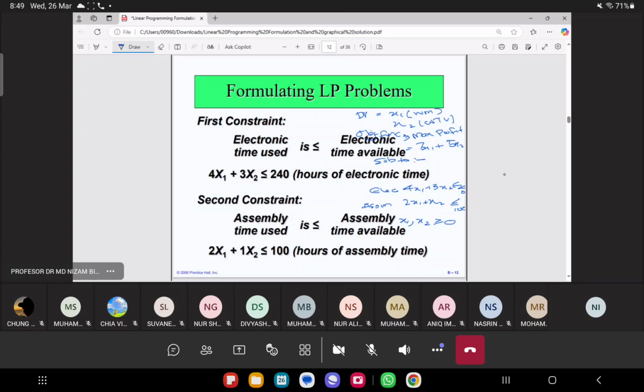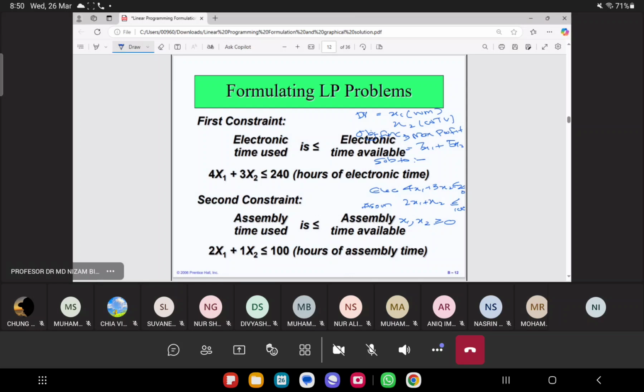So this is the complete linear programming model for that particular situation, where you define the decision variables, x1 and x2, define the objective function, maximize profit equals 7x1 plus 5x2, subject to constraints. The constraints are electronics time, 4x1 plus 3x2 must be less than or equal to 240, and assembly time, calculated by 2x1 plus x2, must be less than or equal to 100, and x1 and x2 must be greater than or equal to 0.